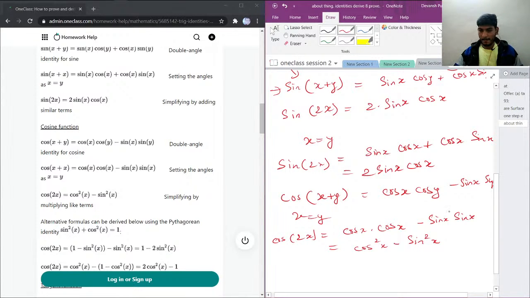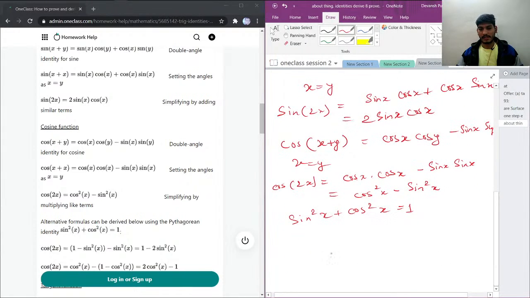Now I use the identity sine square x plus cosine square x equal to 1, so this will become cosine square x equals 1 minus sine square x, and sine square x is 1 minus cosine square x.